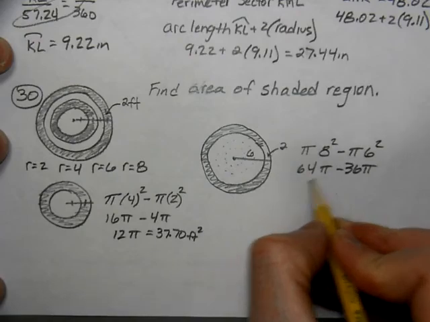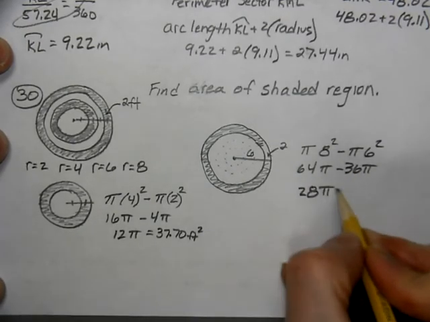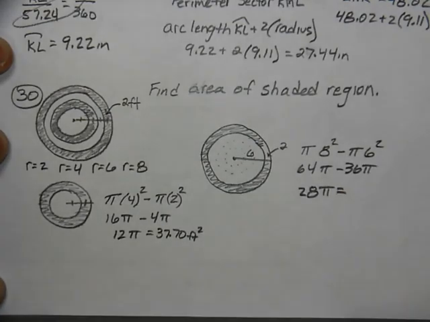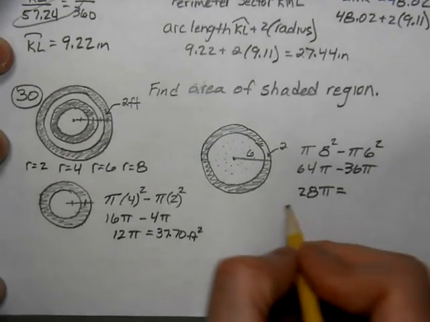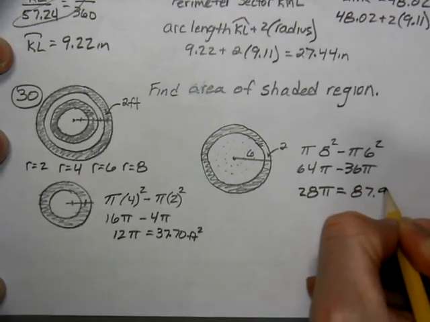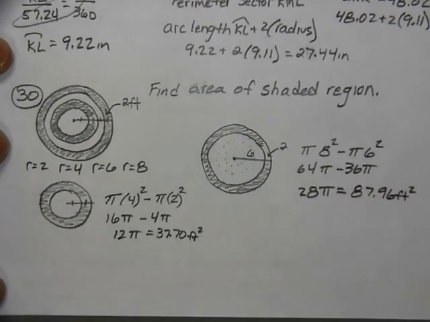So we're going to get 28 pi, which is approximately 28 times pi is 87.96, and that's our feet squared.